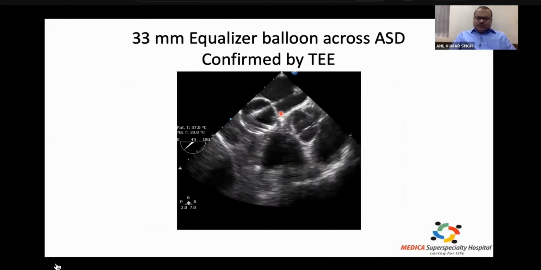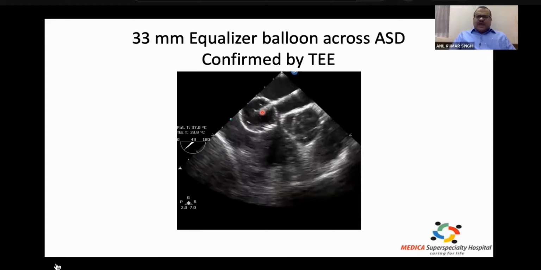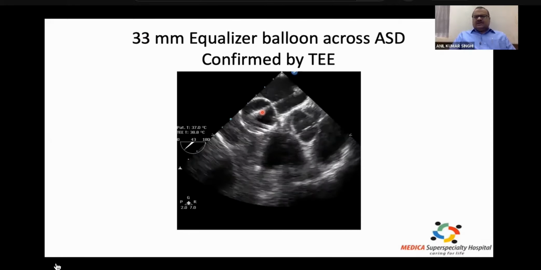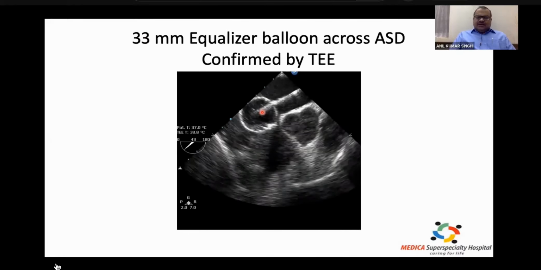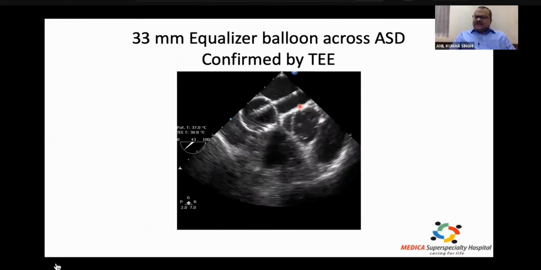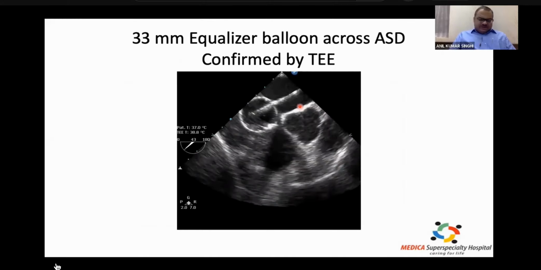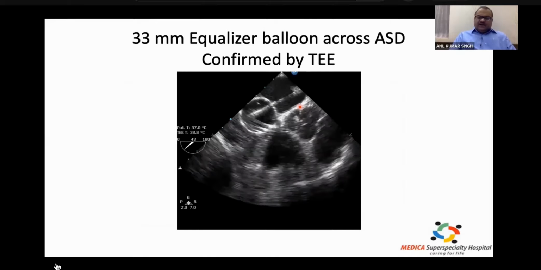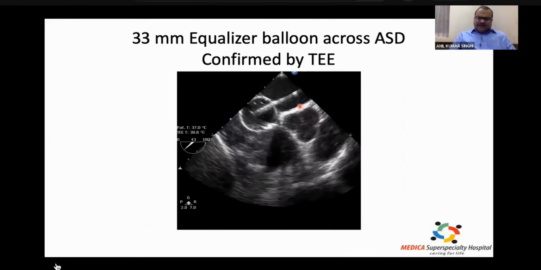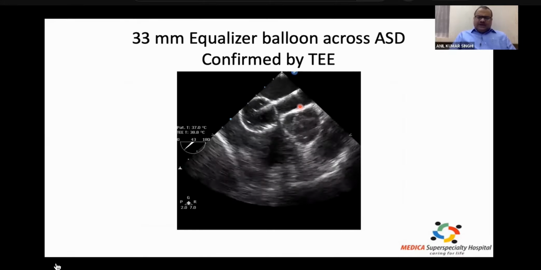Equalizer balloon was used and a balloon assisted device closure was planned. Now here we had a 38 millimeter hole, so we had to request and specially order a tailor-made 46 millimeter LifeTech atrial septal occluder.